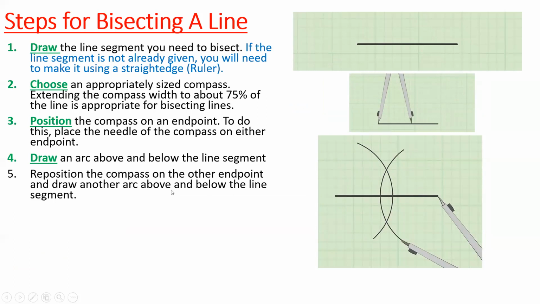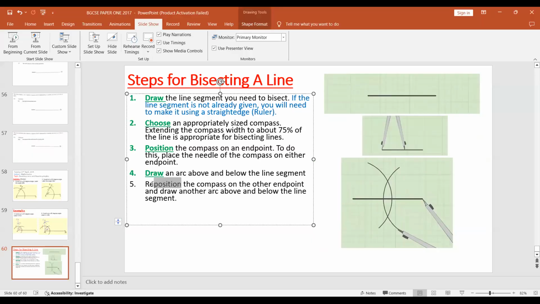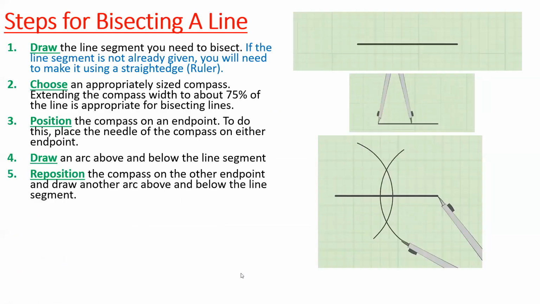So Samantha, can you read the fifth point, reposition? Reposition the compass on the other endpoint and draw another arc above and below the line segment. Very good. And Ajani, can you read the fifth step?